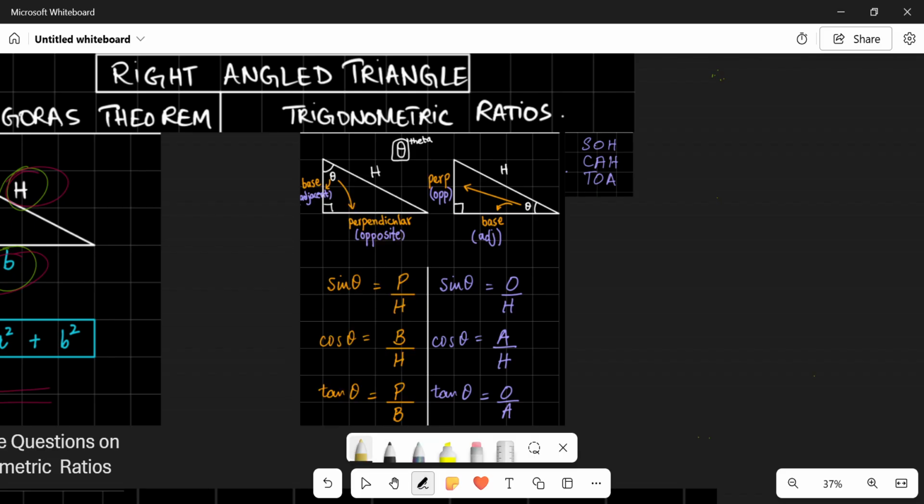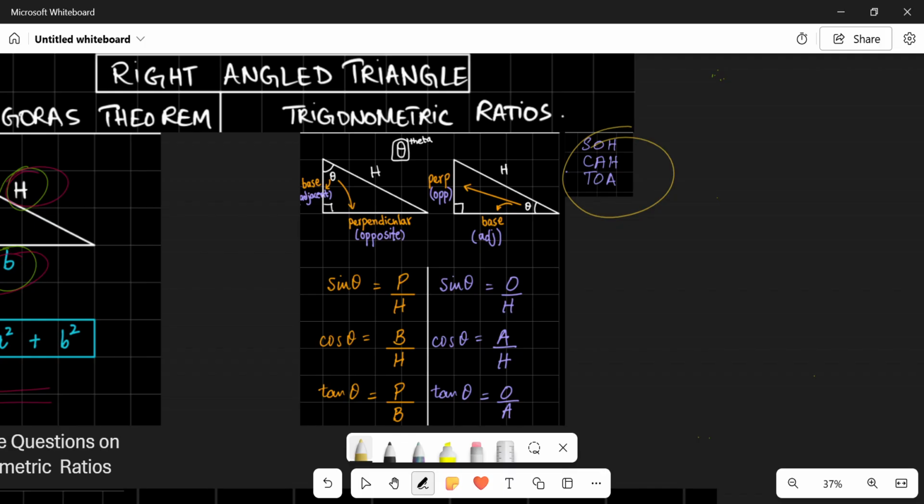Here we have two diagrams, and both are right angle triangles. Normally we use these three: sine theta, cos theta, and tangent theta. When we see the mnemonic given here, SOH means sine equals opposite over hypotenuse.